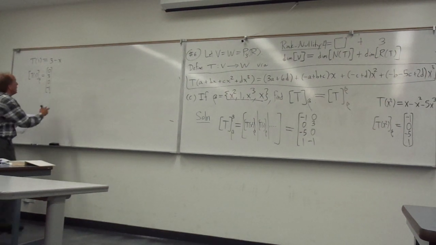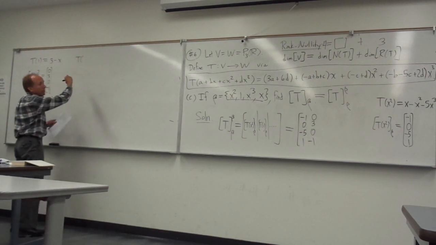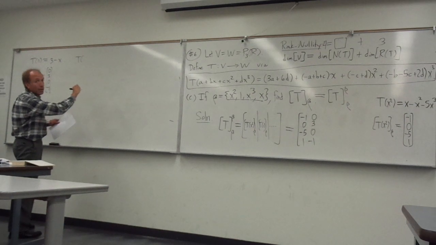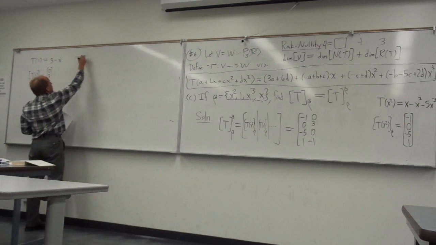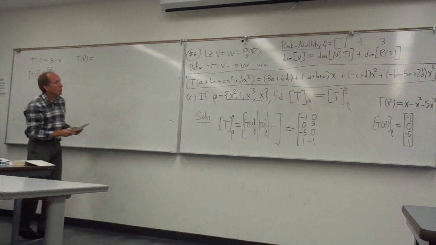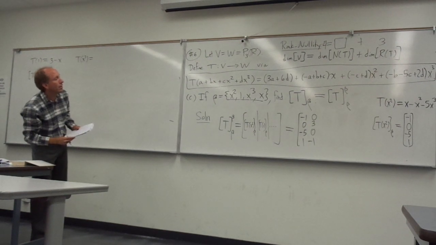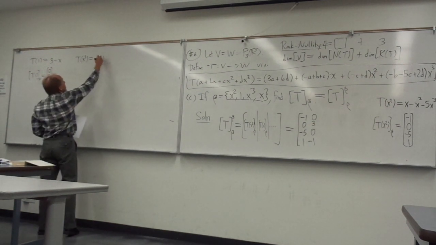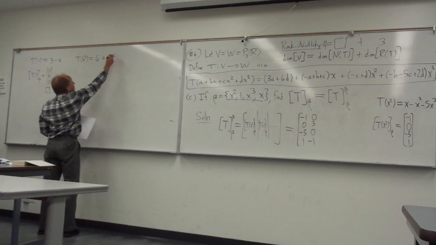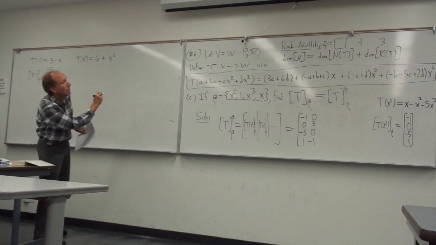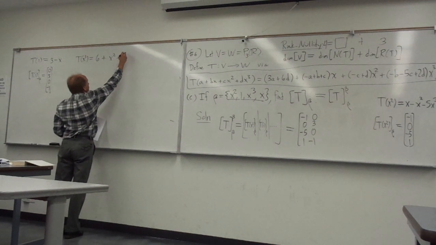All right. Next I have to do T of, what's the next one? x cubed. What is T of x cubed? T of x cubed, according to my formula, is 6 plus x squared plus 2x cubed. Great.